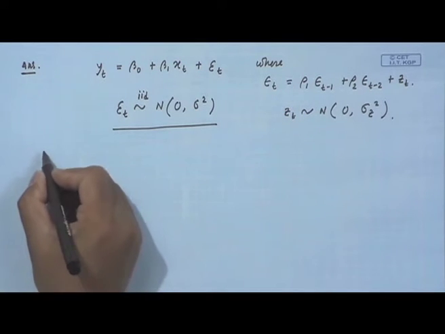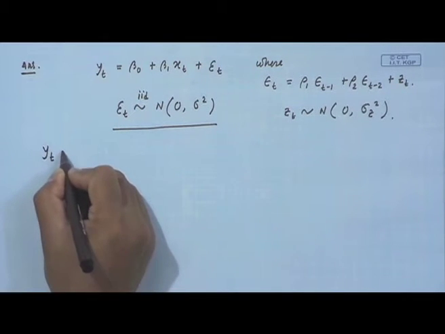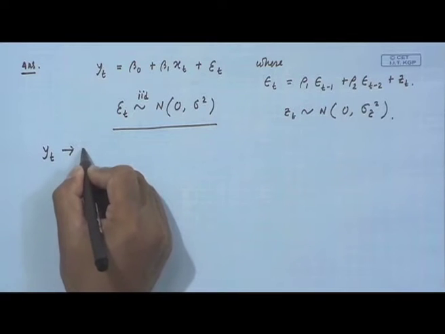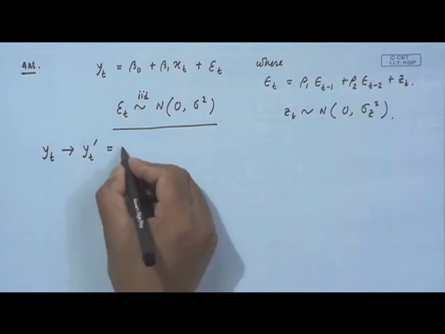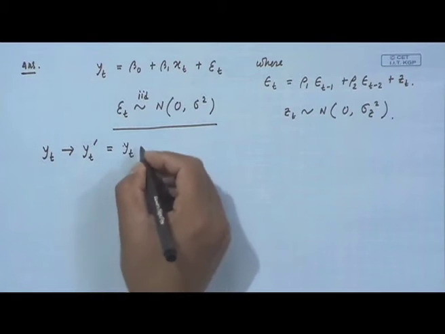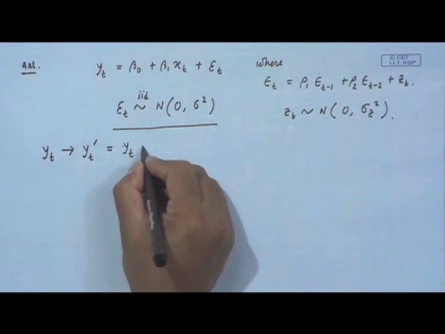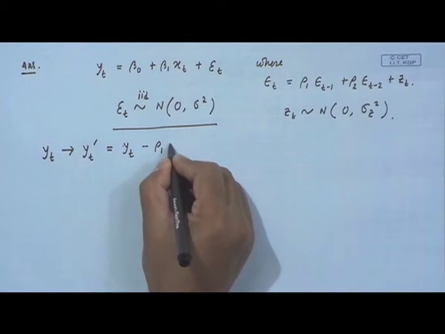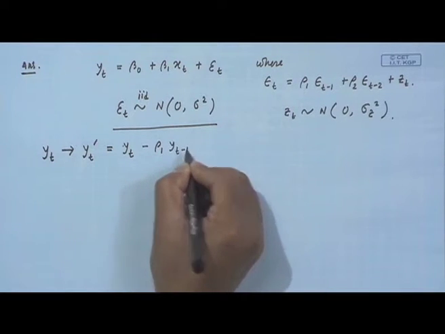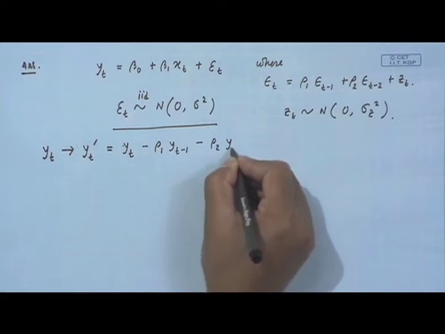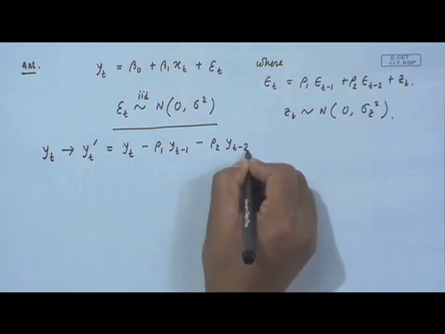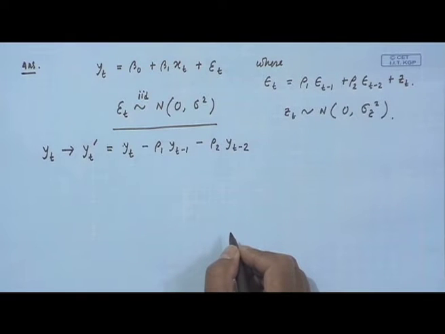So, what we do is that we transform this response variable y t to y t prime, which is equal to y t minus rho 1 y t minus 1 minus rho 2 y t minus 2. Okay.